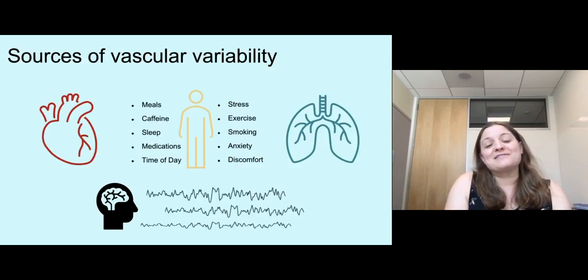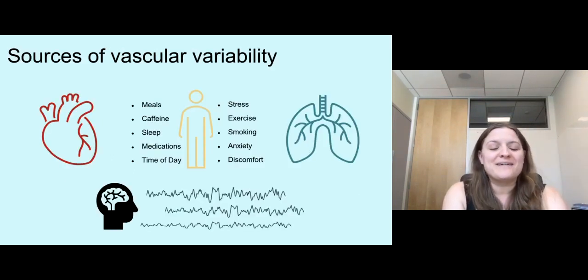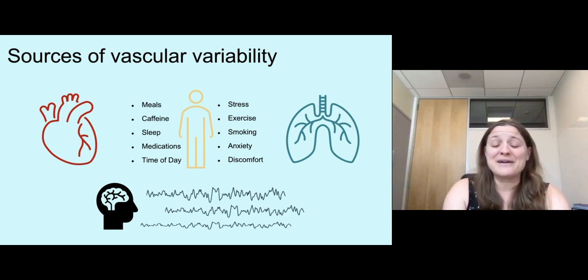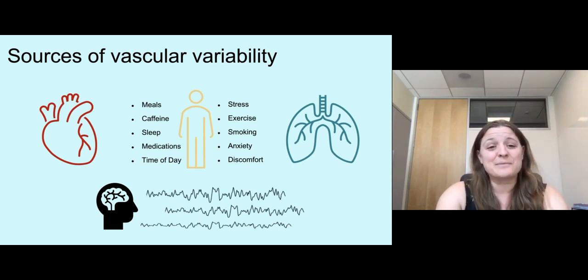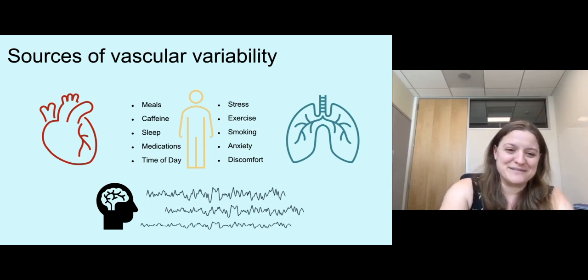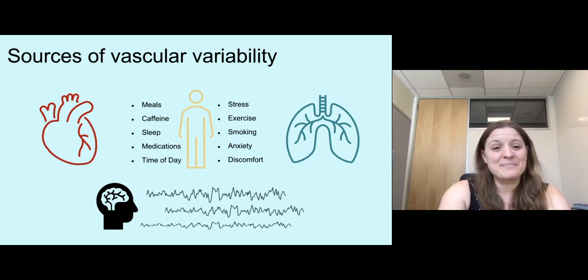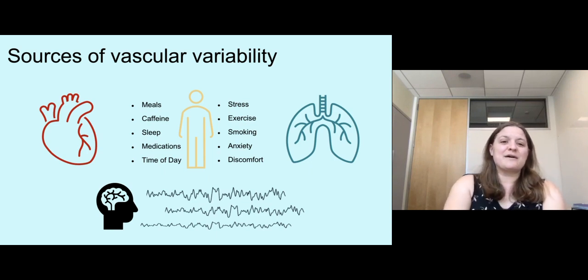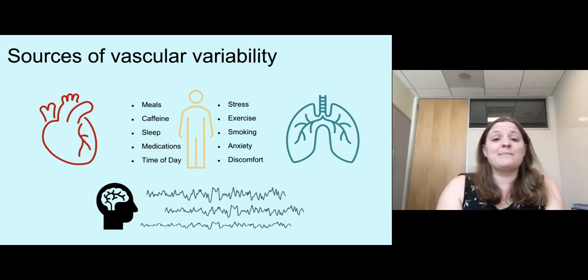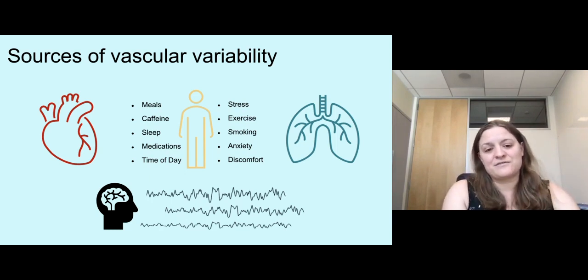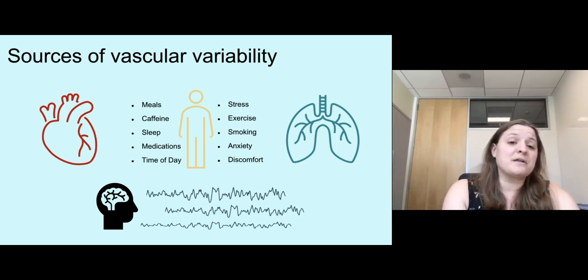So where does vascular variability come from? Take your pick. That brain you're interested in studying is inside of a person, and that person has a lot of things going on. And almost all of it could influence your brain signals in some way. But specifically thinking about vascular variability, it is established that lots of these factors, for example, can influence systemic blood flow.